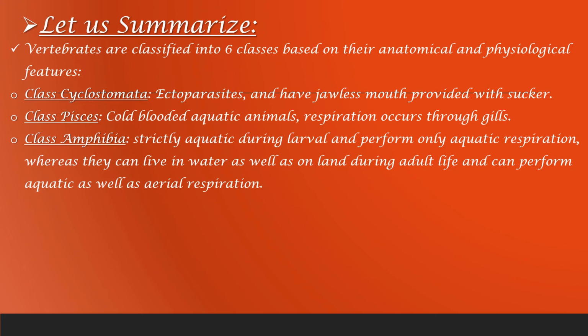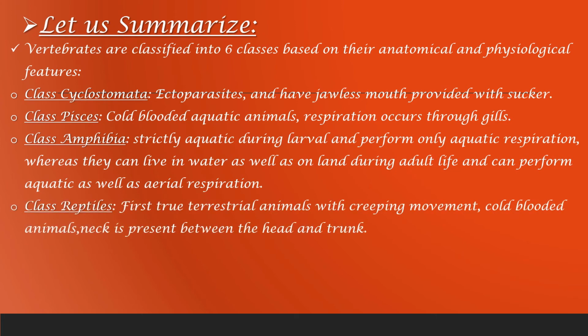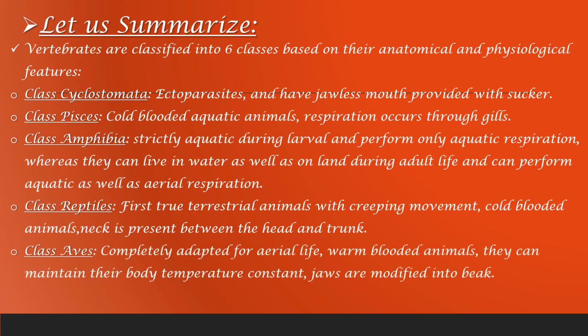Then we studied class Reptilia. Animals belonging to class Reptilia are the first true terrestrial animals with creeping movement. They are cold-blooded animals and a neck is present between the head and the trunk. Then we studied class Aves. Animals belonging to class Aves are completely adapted to aerial life.